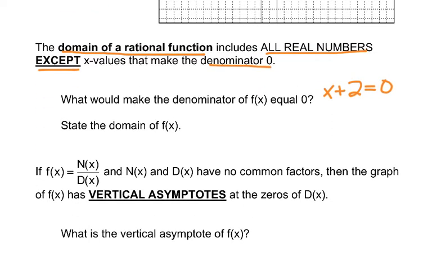Then we solve this, so we get x equals -2. Then we state the domain. Your domain is all real numbers except -2.